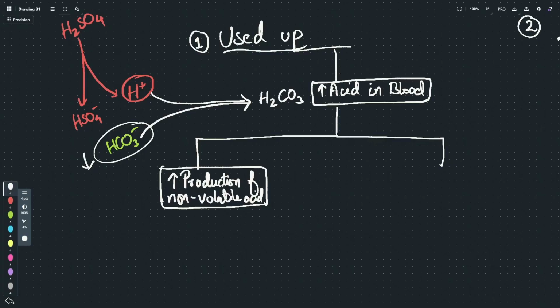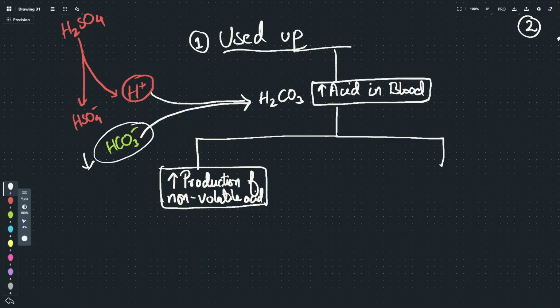It should be mentioned, right? So it is not production of any acid. It is increased production of non-volatile acid that actually uses up the bicarbonate ion, and that could cause metabolic acidosis.